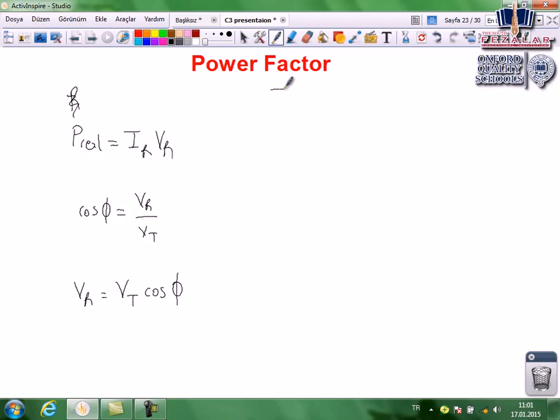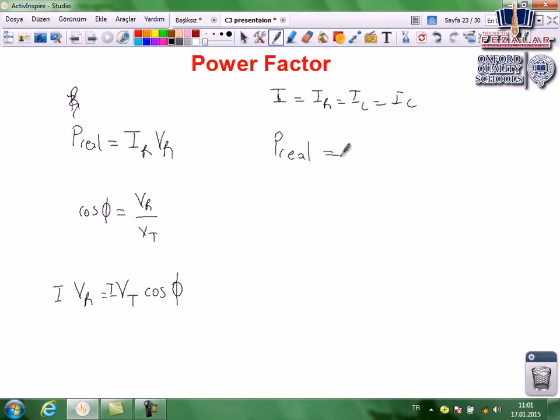We know current in a series combination is the same: I equals IR equals IL equals IC. So when we multiply both sides of the equation by I, the result of I times VR, meaning IR times VR, is P real. It is the real power consumed.